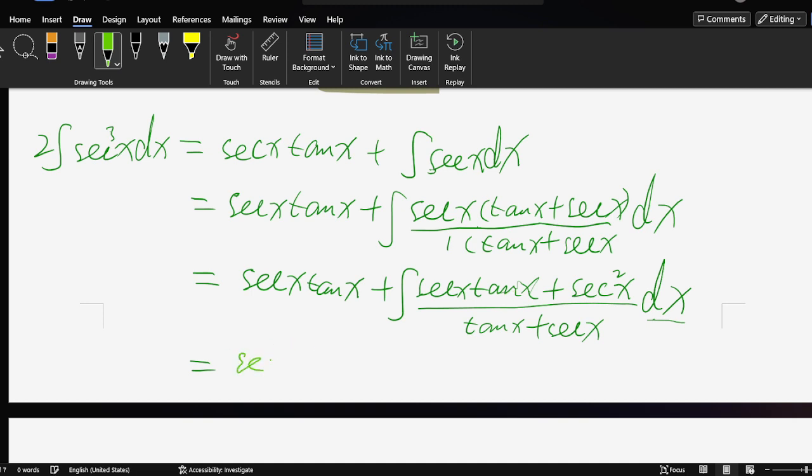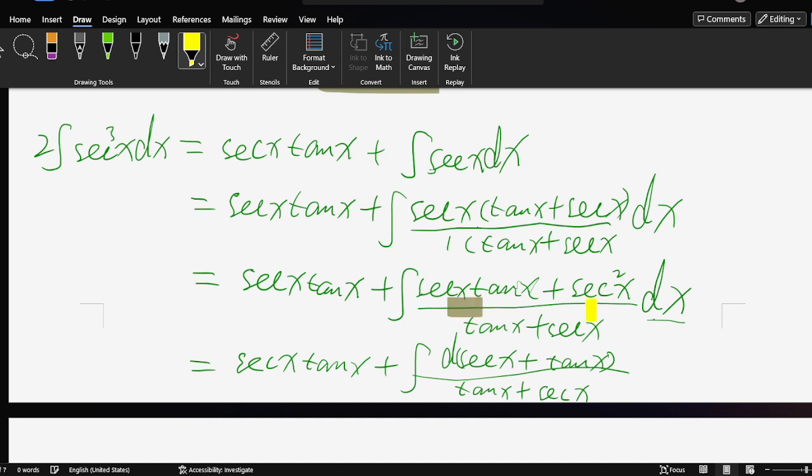So we rewrite secant x tangent x plus d of secant x plus tangent x over tangent x plus secant x. So that means this part secant x plus tangent x, if we take the derivative, we get secant x times tangent x plus secant x squared.